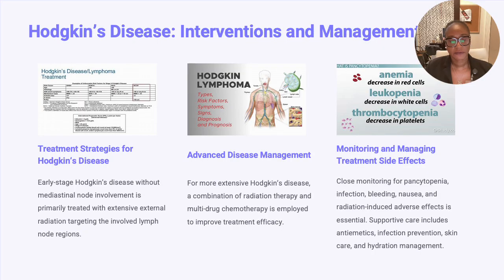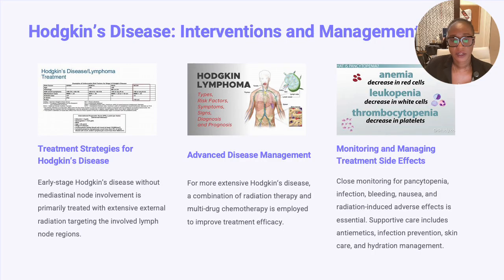Monitor for signs of infection and bleeding, and then we want to protect the child from infection, of course. Monitor for advanced effects related to chemotherapy or radiation. The most common adverse effect of extensive irradiation is malaise, which can be difficult for older children and adolescents to tolerate physically and psychologically.